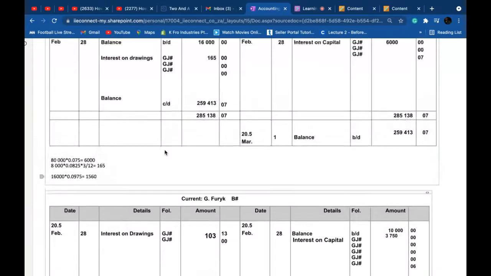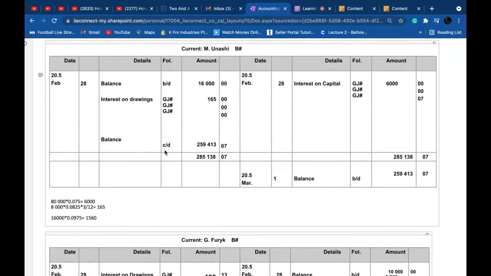And what are we doing with this interest on current accounts? Are we debiting, crediting? What's happening? Let's start with Unashi.